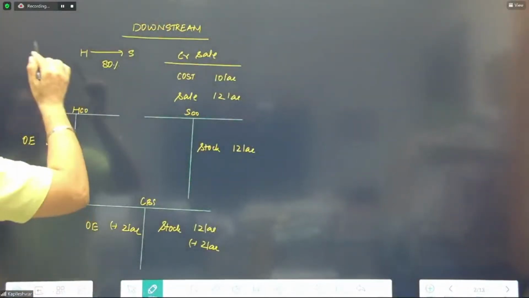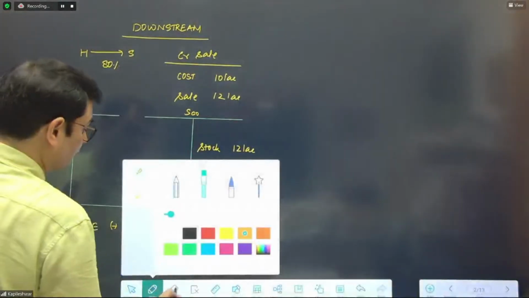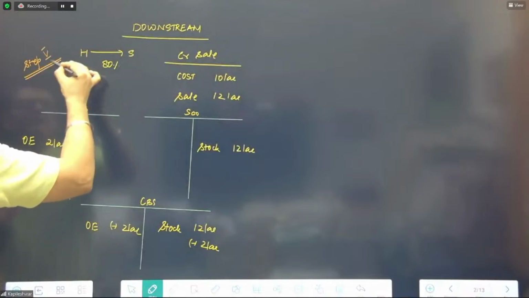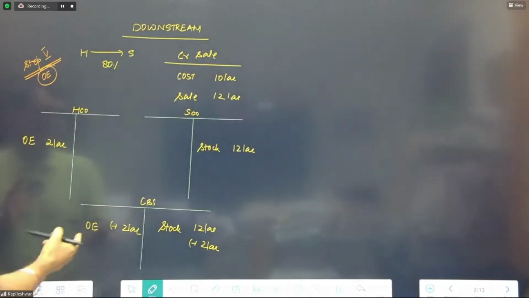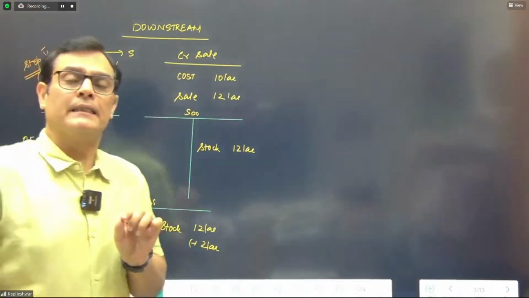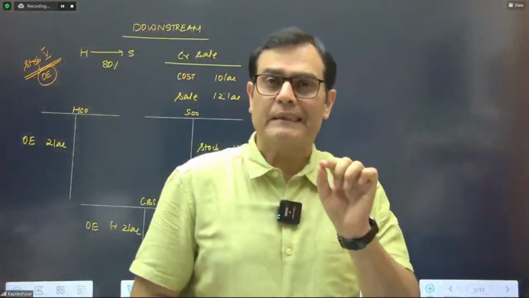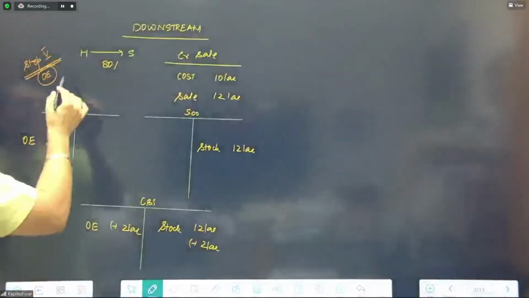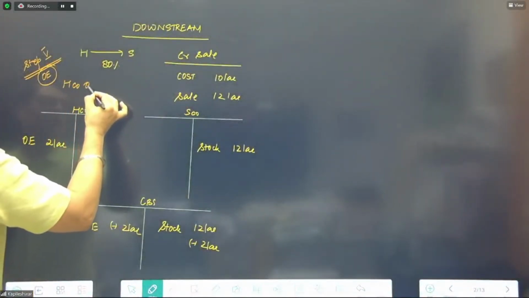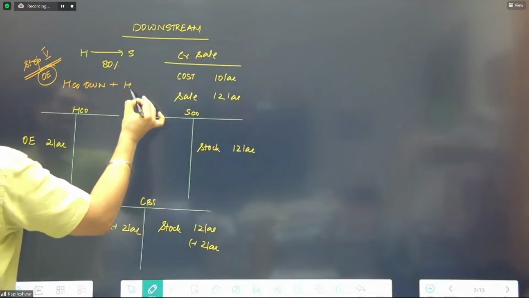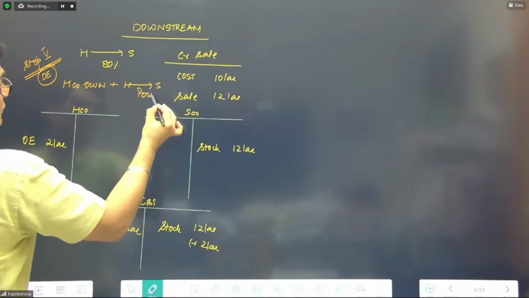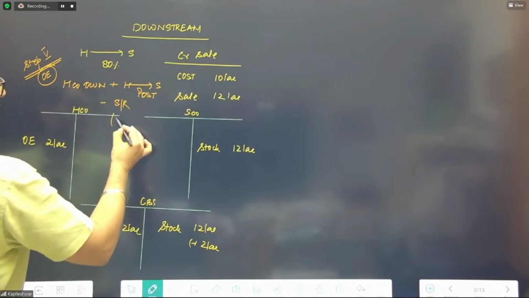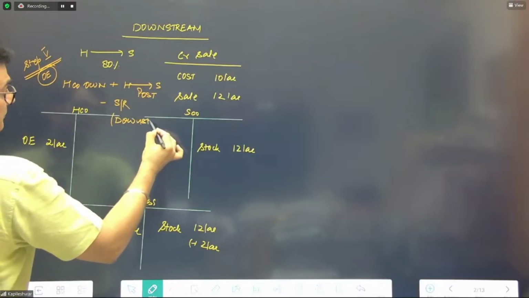But technically, when you go to step number 5 and calculate the other equity for the consolidated balance sheet, my advice is that when you take the holding company's own other equity and add the holding share in subsidiary post-acquisition profits, remember to reduce the stock reserve, that is, the unrealized profits which relate to the downstream transaction.